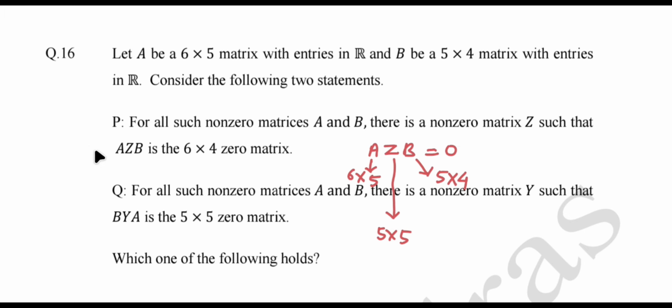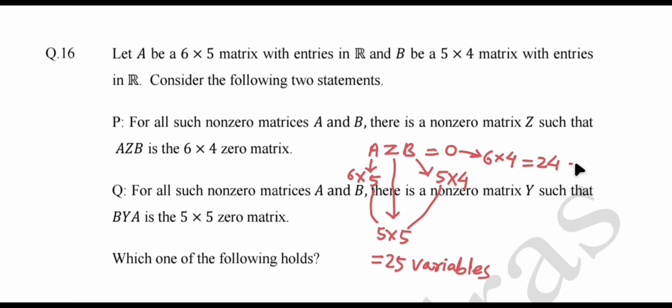So in this matrix Z, there are 25 variables. Note that AZB is not a 0 matrix, and its size obviously will be 6 into 4. So this size of this matrix gives us the number of equations: 24 equations.